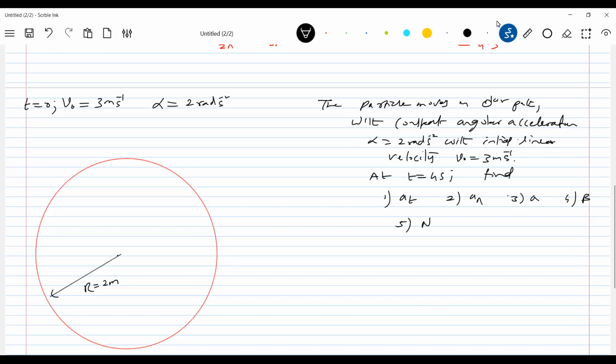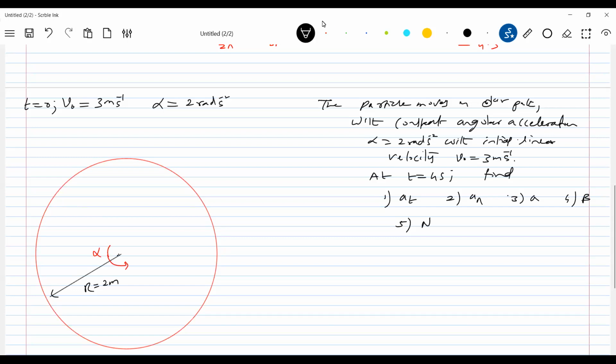Okay, we have to find all these quantities. It is moving in a circular path of radius 2 meters, and we know alpha. What is the direction of alpha? Actually, alpha will be out of the plane; for our convenience, we are showing it like this here.